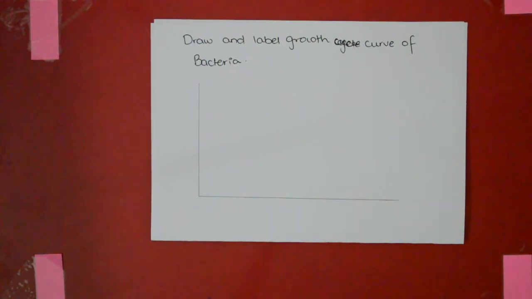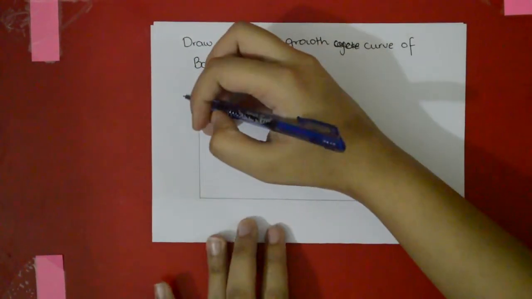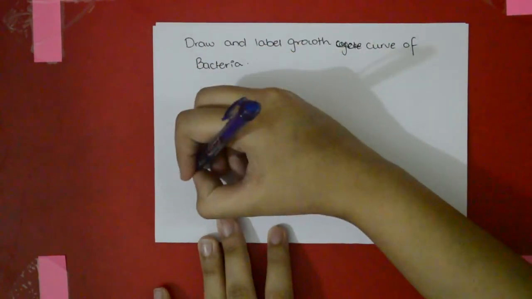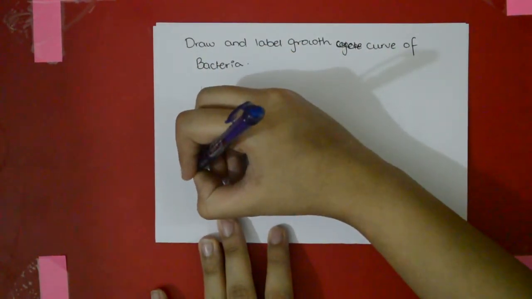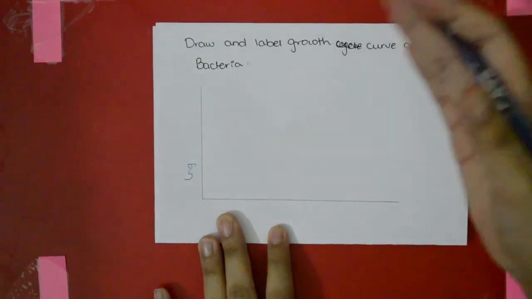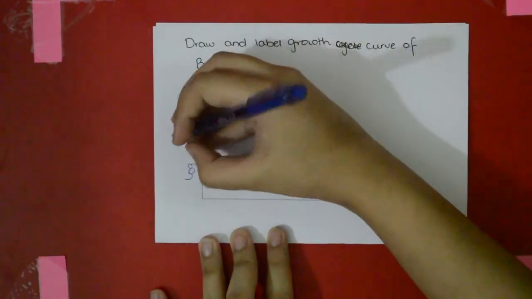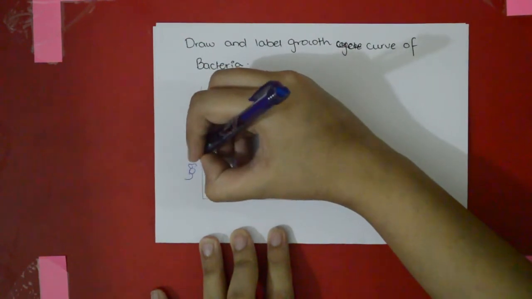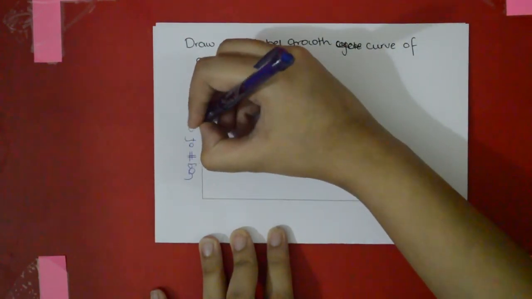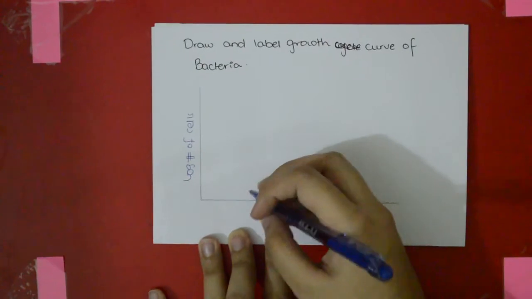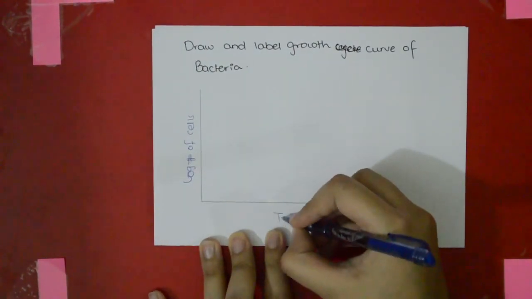So for now, I'm trying to draw this. I'm not good at it, but whatever. It's a common question: draw the growth curve of bacteria. That is log number of cells versus the time.